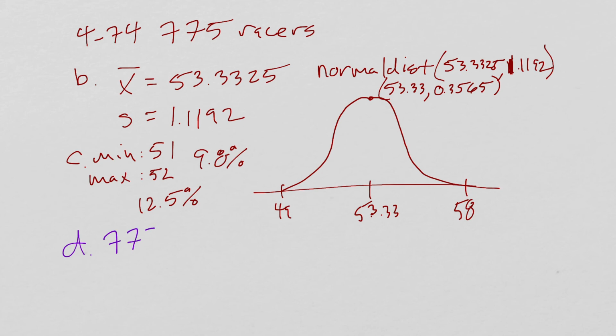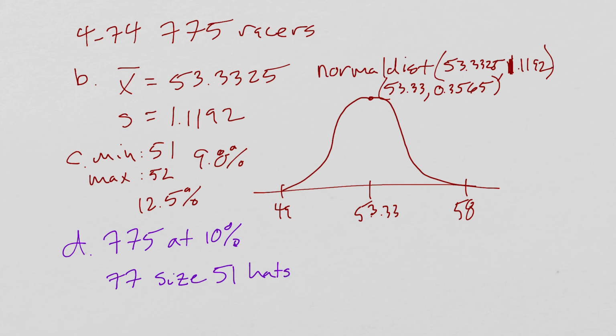So if we had 775 racers at, we'll say 10%. Let's just round it up, 10%. Okay, at 10%, then that would be about 77 size 51 hats. And we'll round that down because we rounded up to 10%.